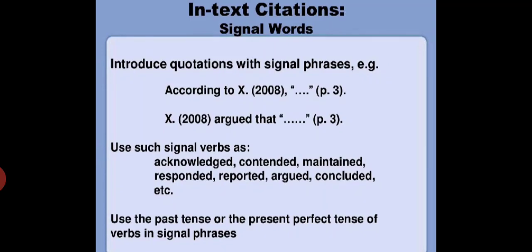In-text citation, signal words. Introduce quotations with signal phrases. For example, according to, then writer name, then in parenthesis the year of publication, then give the quotation. After giving the quotation, at the end you would be giving the page number in parenthesis.